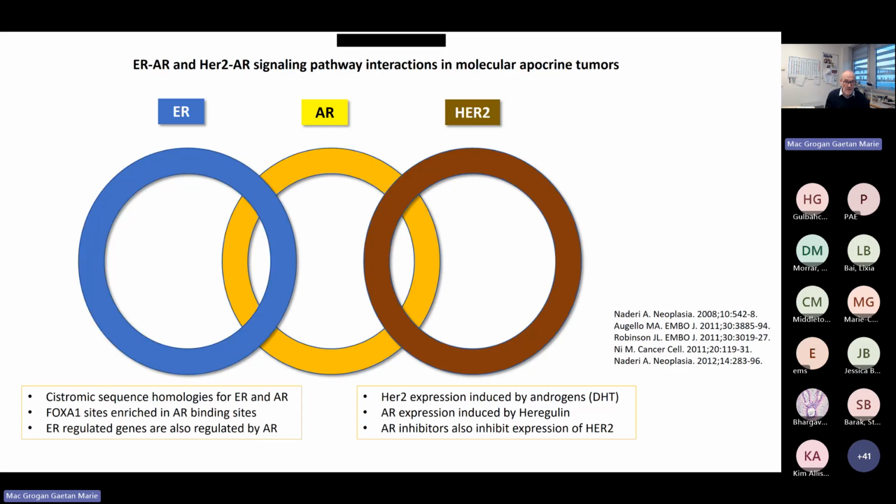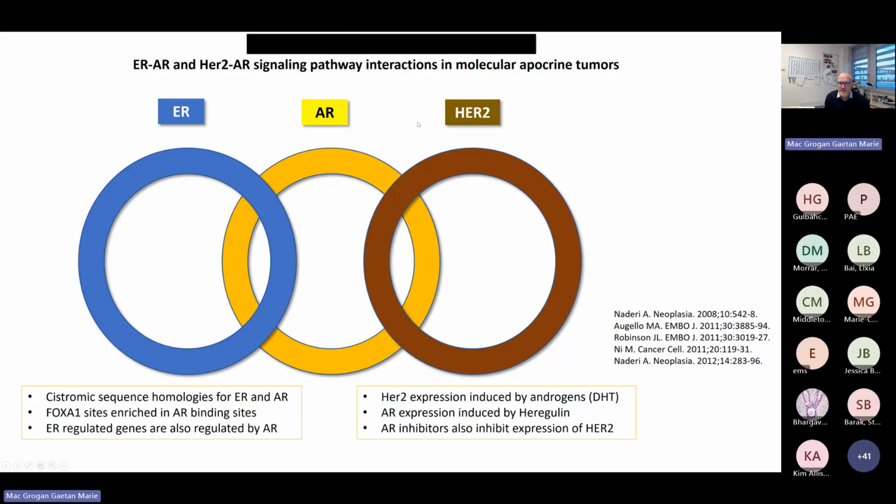Also, FOXA1 binding sites are enriched in AR binding sites. And these molecular studies found that ER regulated genes are also regulated by androgen receptor, meaning that the androgen receptor pathway and the estrogen receptor pathway are highly intricated.